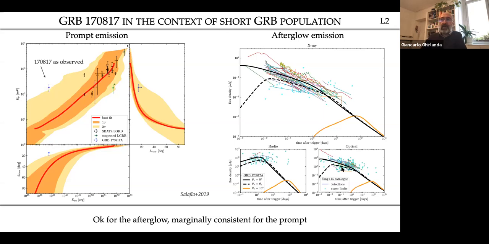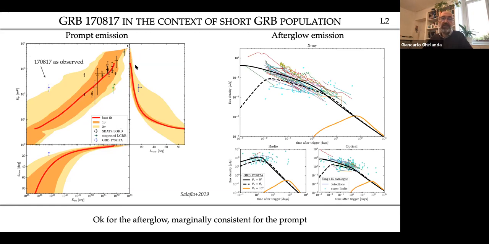The somehow more intriguing case instead regards the prompt emission, because now the exercise can be done in different ways, but I think the most intuitive is probably this one. I showed you at the beginning of this lecture that the way of discussing the prompt emission of 170817 is using this correlation between the peak prompt energy and the total isotropic energy of the prompt emission.